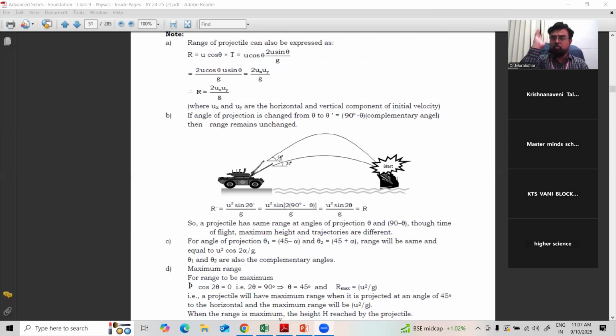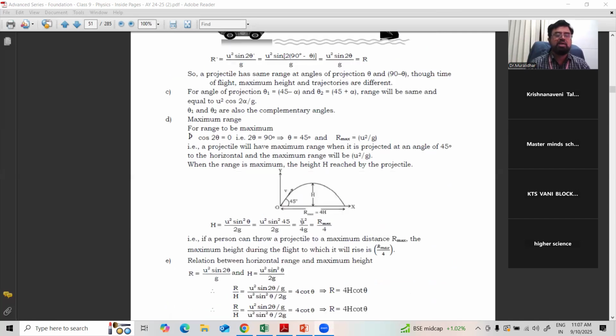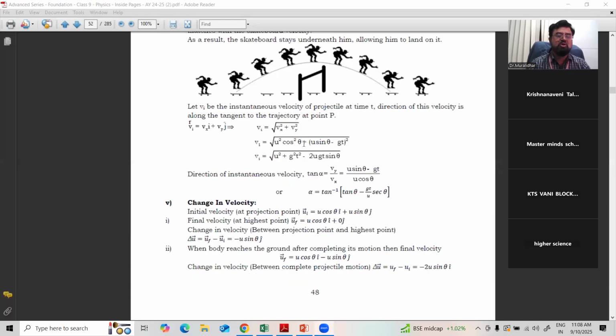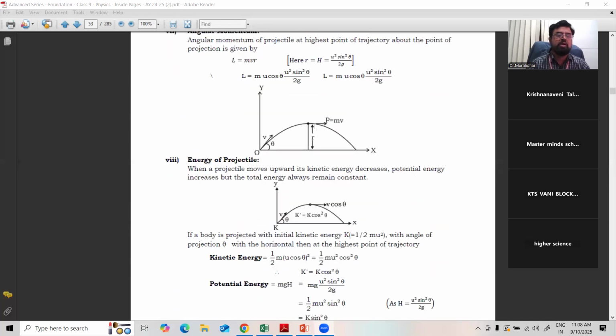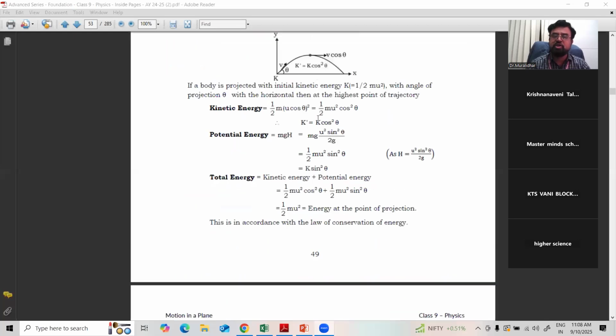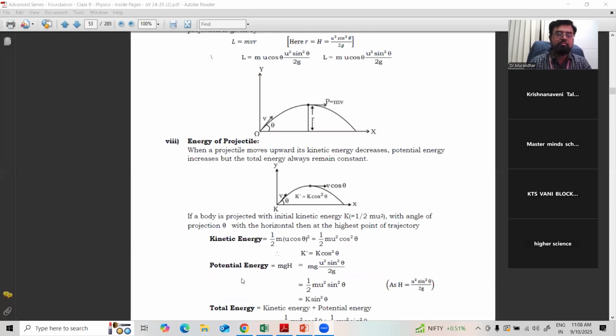Suppose you want to throw a bomb at a particular object, with what angle can you throw so that it will exactly hit the target? You have to calculate based on the maximum height. So this is briefly about oblique projection, where we discussed three important formulas: maximum height reached, time of flight, and horizontal range.